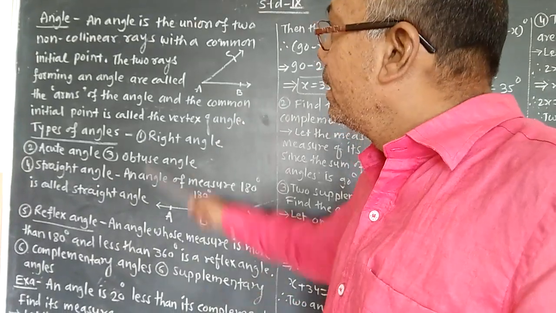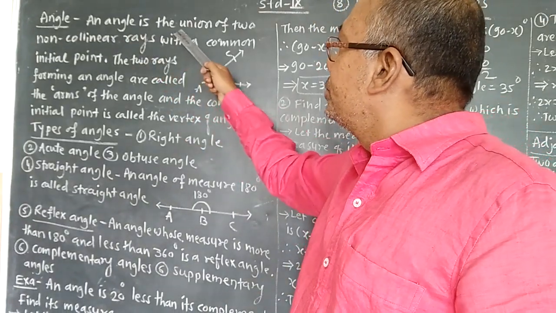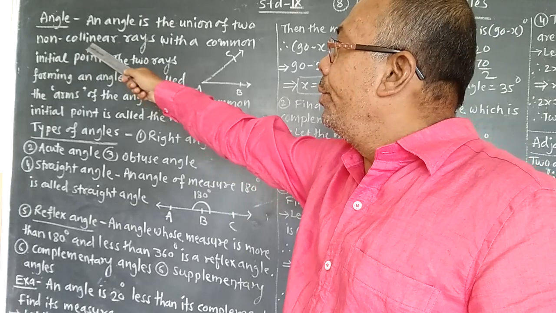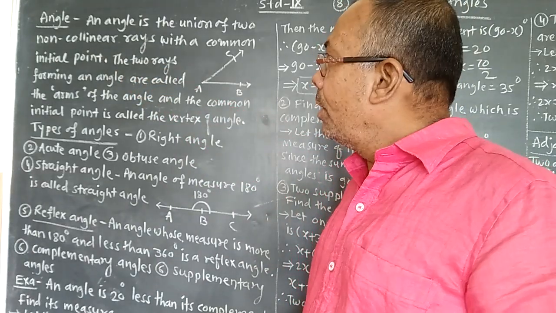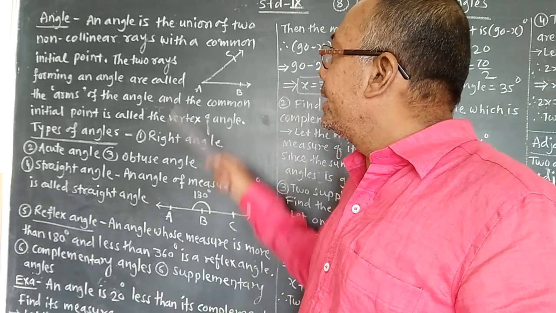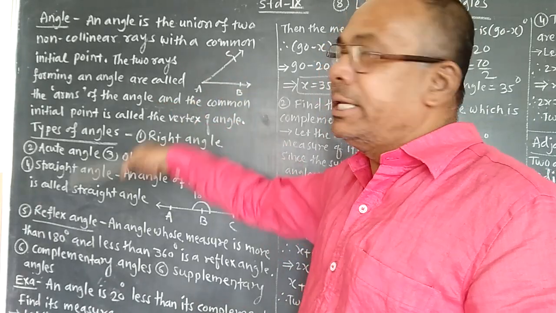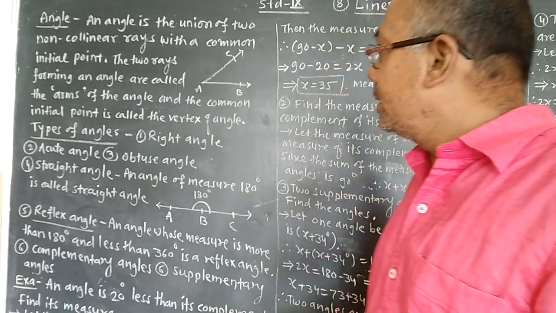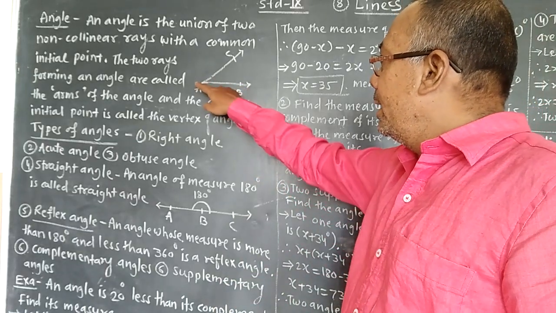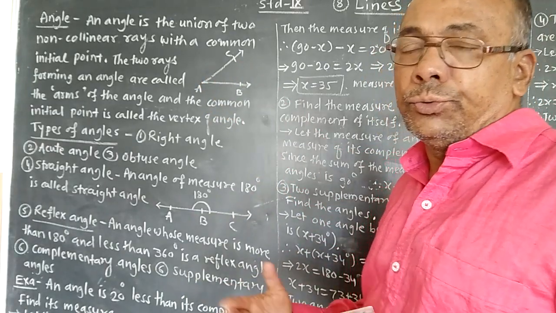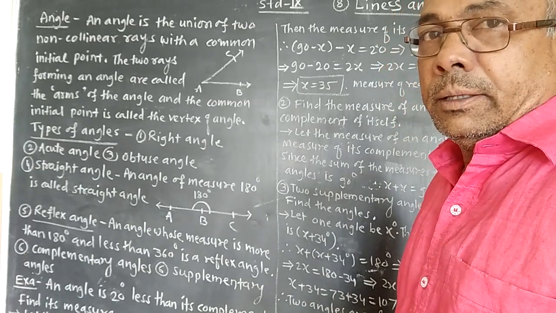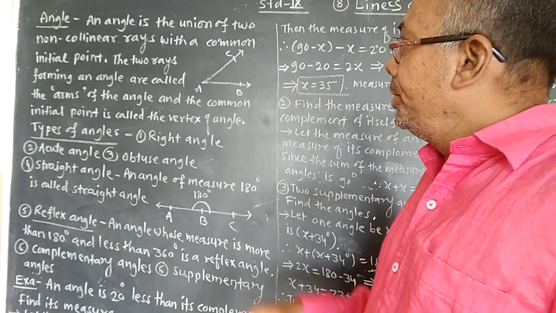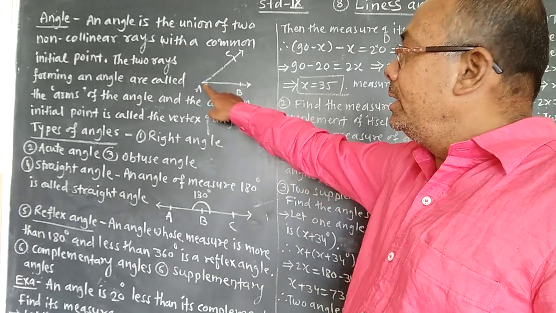Here, an angle is the union of two non-collinear rays with a common initial point. Here, AB and AC are the two rays which are non-collinear, and they have a common initial point.